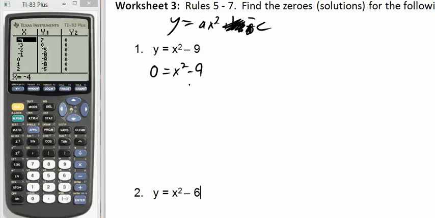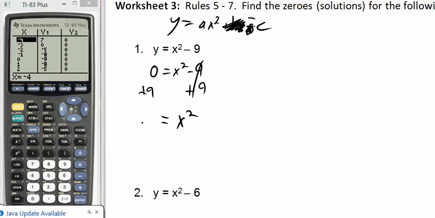So we can get x by itself, so we're going to add 9 to both sides. We get x squared equals 9. Then the opposite of squaring, just like the opposite of multiplying is dividing, the opposite of squaring is to take the square root of something, which is to find what number times itself equals that number.